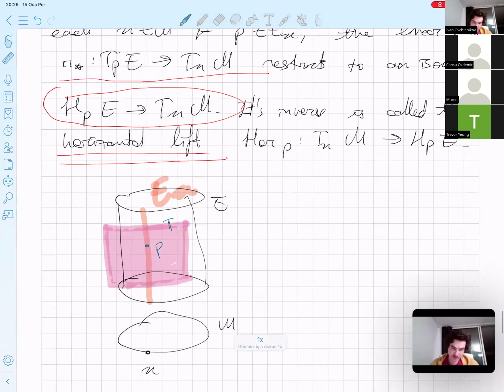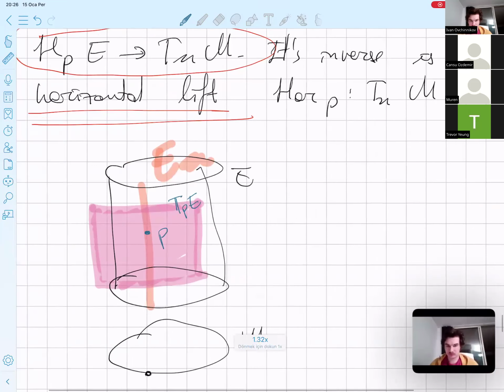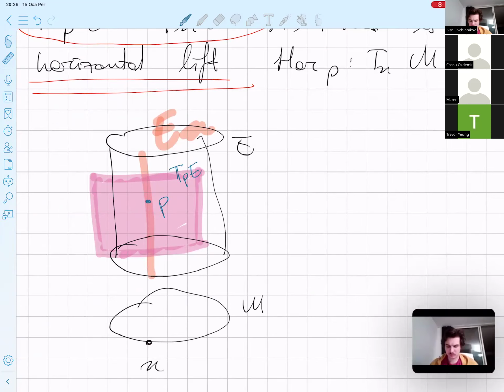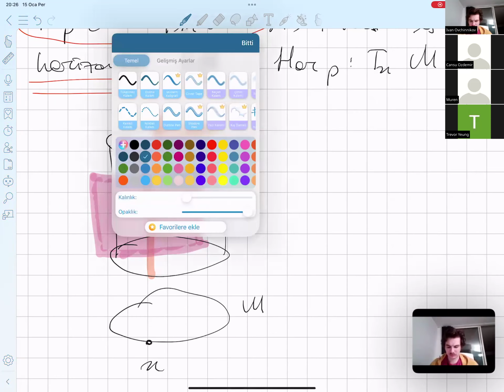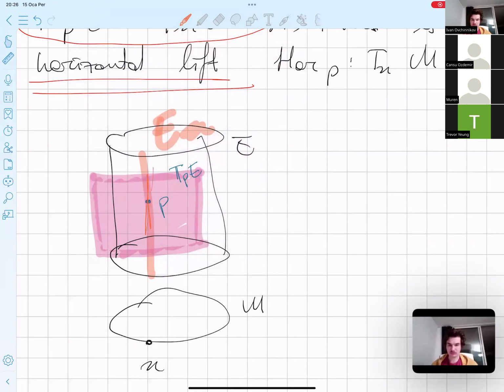This guy is the tangent space at P of E. Now we know that if we project this down, the kernel of this projection will be this. And this is V_P E, defined as the vectors in the tangent space such that when we project them down, they give us 0.